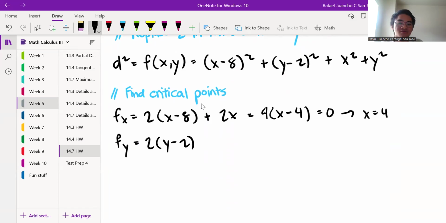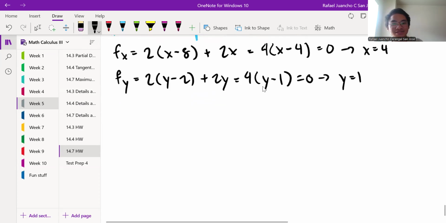Chain rule that, we get still that. And then this is 2y. So this is 2y minus 4 plus 2y. We get 4y minus 4. We get 4y minus 4 equals 0. And so here we get y is equal to 1. And that's our critical points.